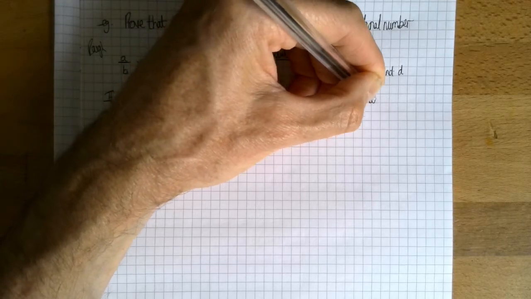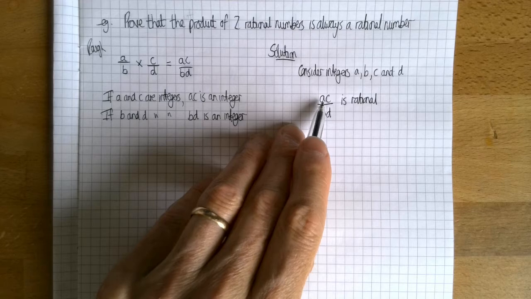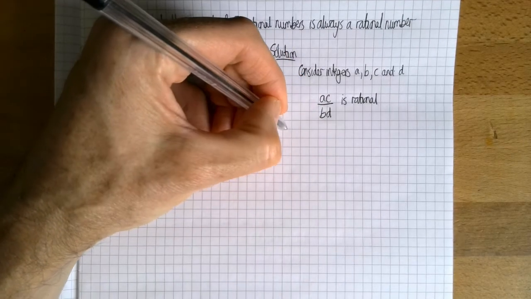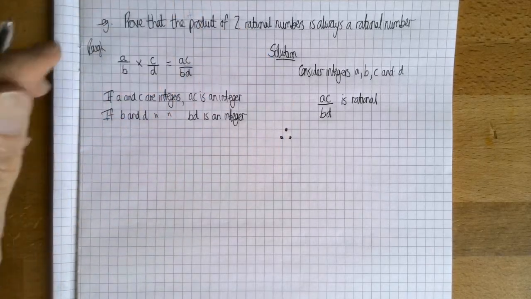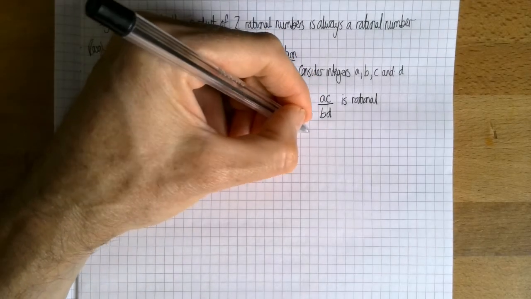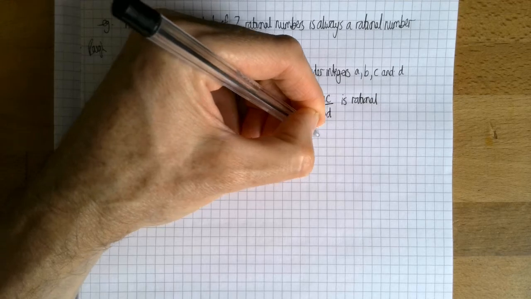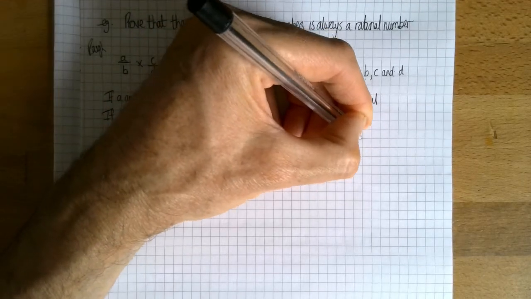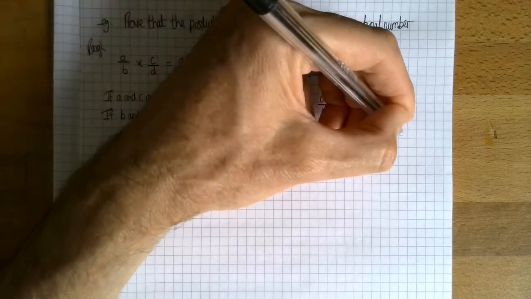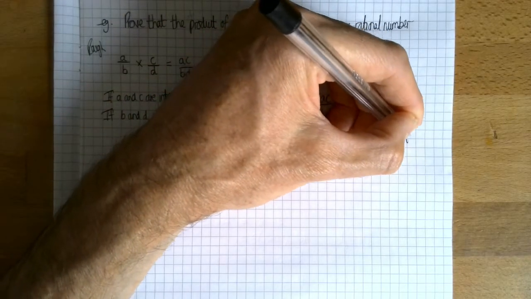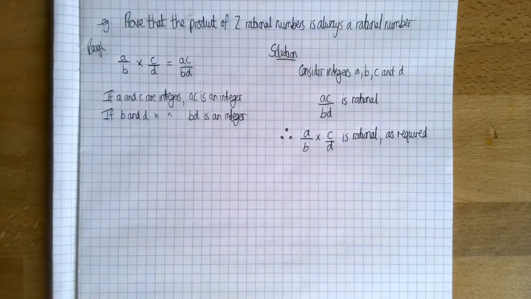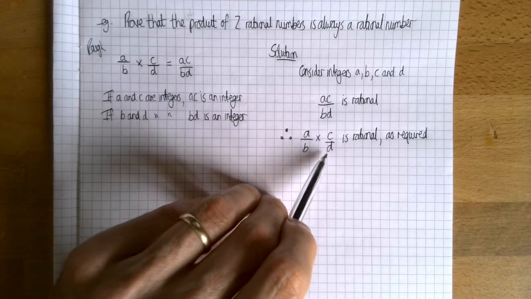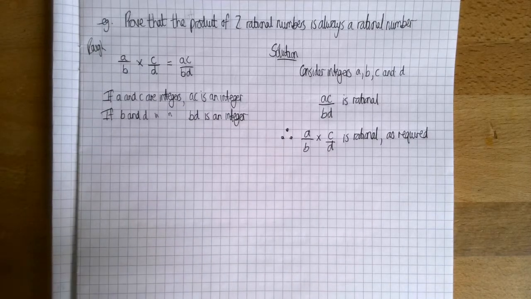Has to be rational because that's two whole numbers multiplied together, that's two whole numbers multiplied together. Therefore, have you come across that before? Three dots. Therefore, AB times CD is rational as required. Easy peasy. Started with a known fact, ended up with the thing I was trying to prove.